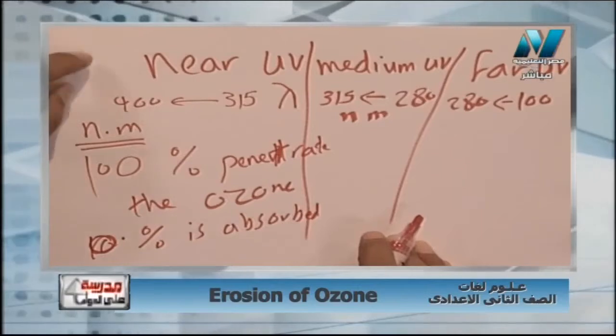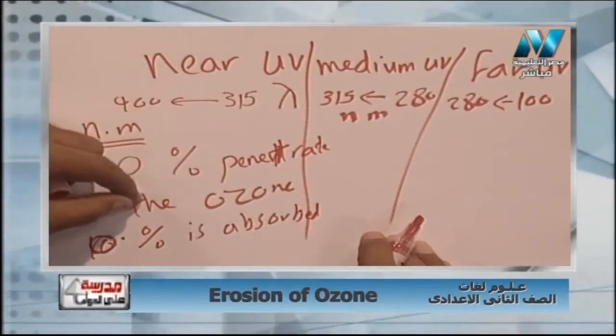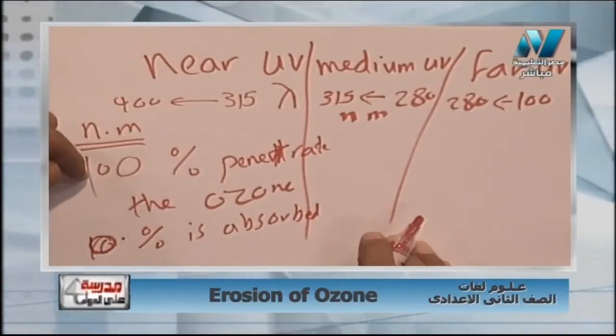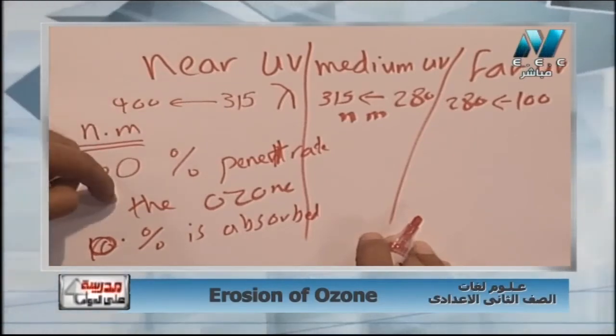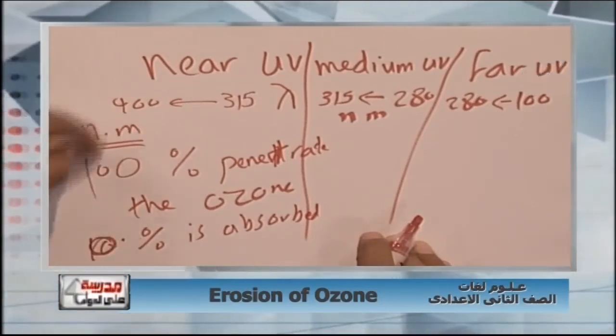So ozone allows 100% of near ultraviolet rays to penetrate it, and 0% is absorbed.